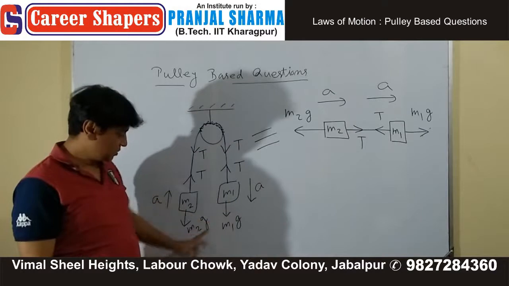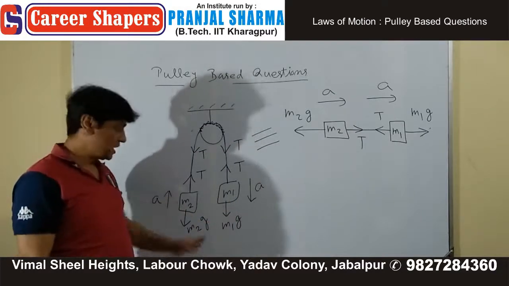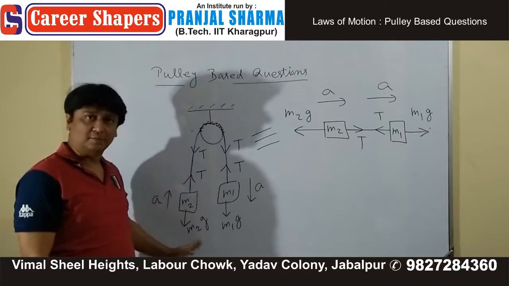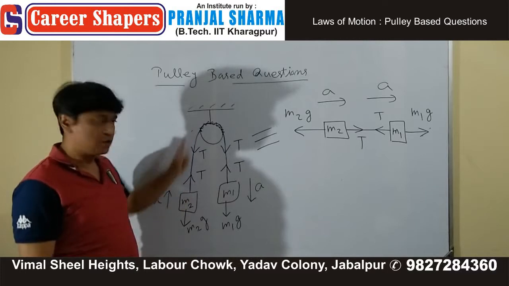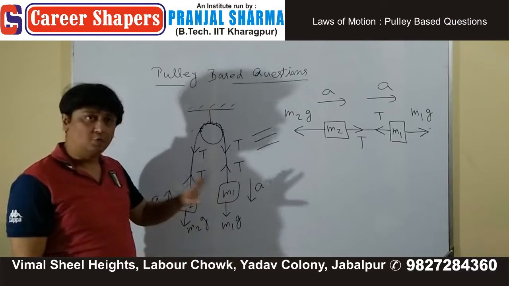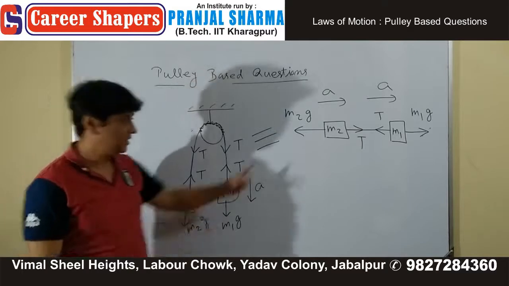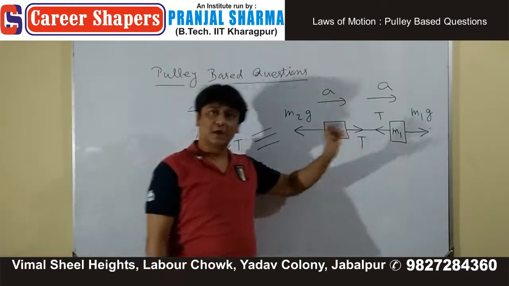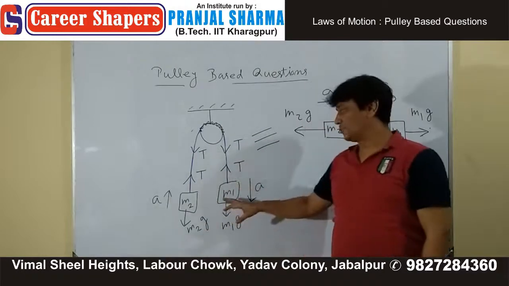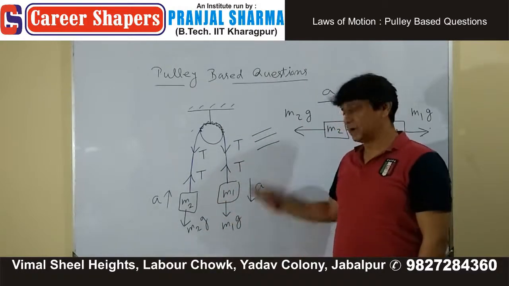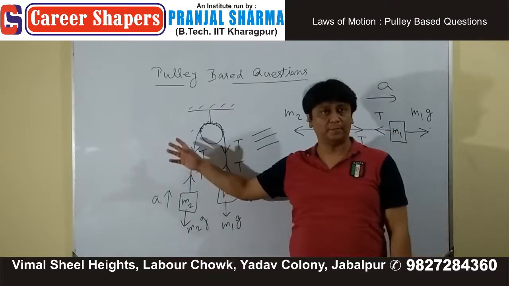ये m1g और ये m2g, इस सेटअप में आपको लग रहा है कि दोनों का डायरेक्शन क्या है, सेम. लेकिन अगर आप रोप को कंसीडर करो तो क्या हुआ, इस m1g को ये m2g अपोज कर रहा है, लाइक दिस. अब फिर से इस सेटअप में आपको दिख रहा है कि A is coming down, this m1 is coming down and m2 is going up.